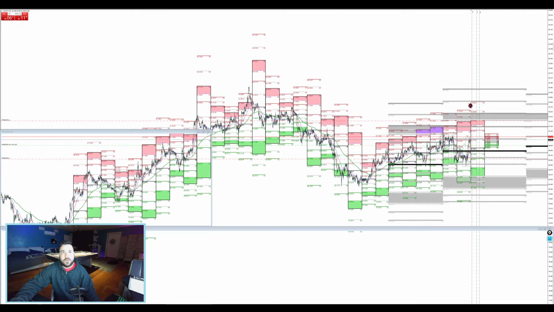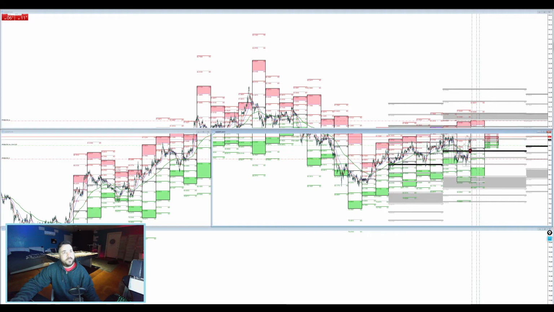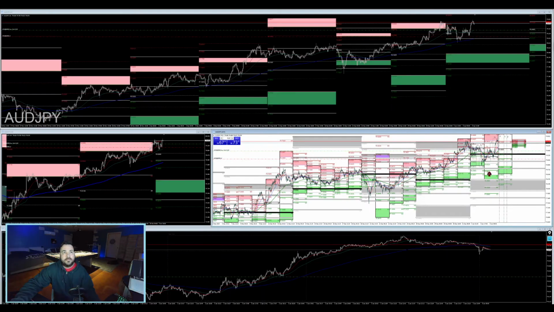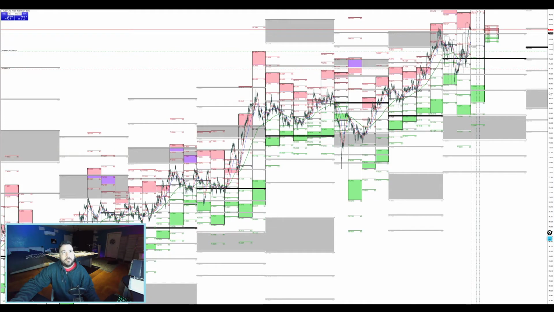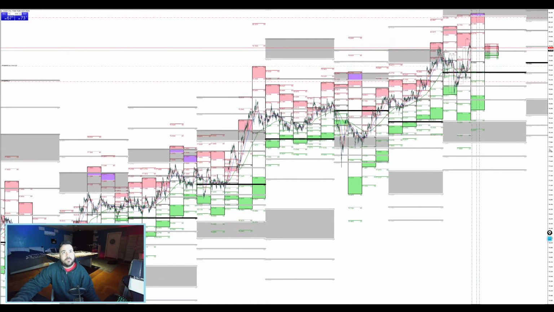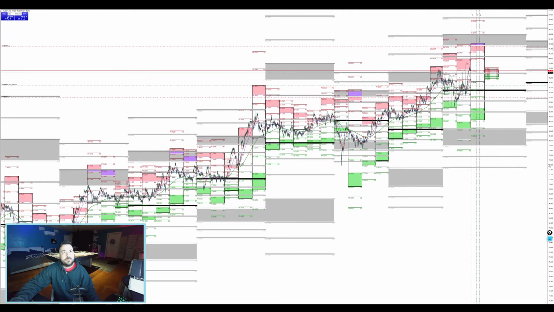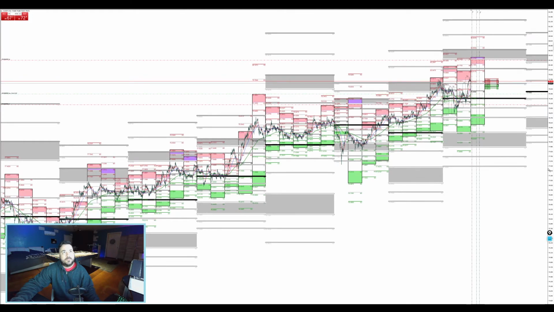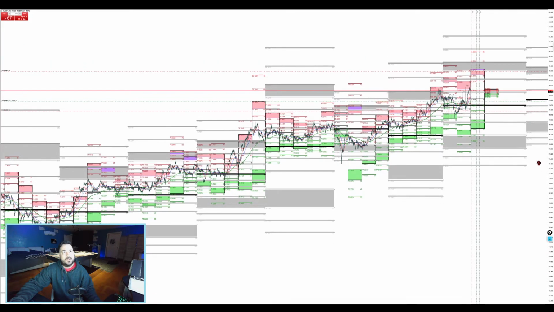Australian, US, Japanese yen, right? That's the last one. Okay, so Australian, Japanese yen is perfect as well. Very good. Okay.